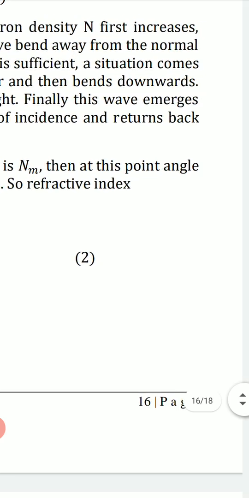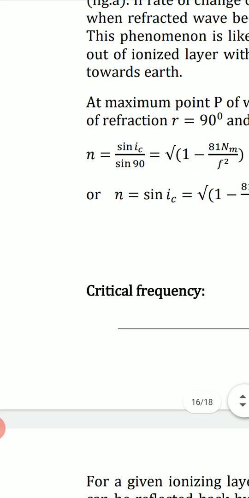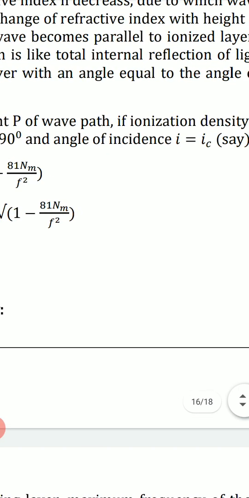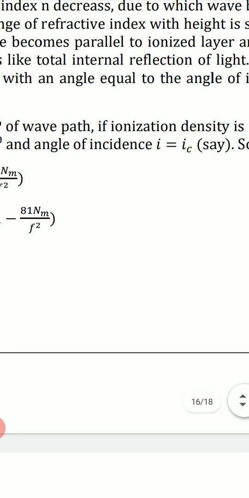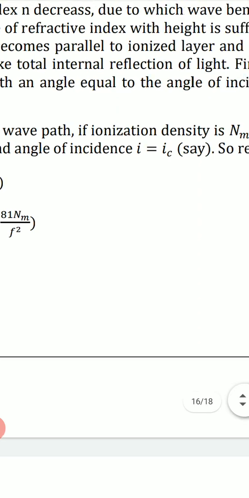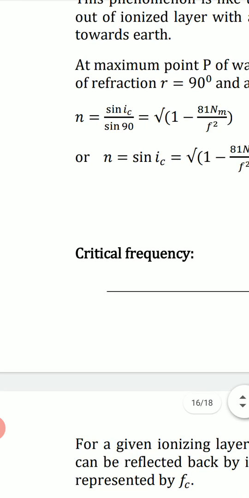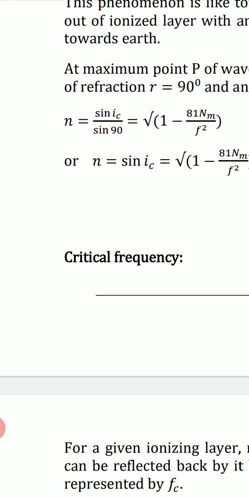Then at this point, the angle of refraction R becomes equal to 90 degrees, and if the angle of incidence I is IC, then the refractive index n is equal to sin IC upon sin 90. It is from the formula n equals sin I upon sin R, where I is IC and R is 90 degrees.